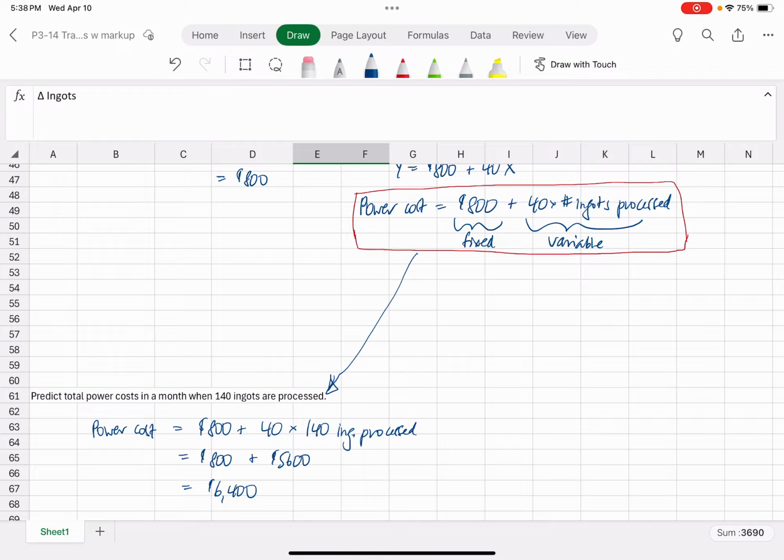So if they process 140 ingots in a month, I expect that the associated power costs are going to be $6,400. And that's it.